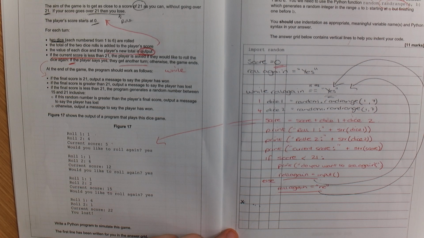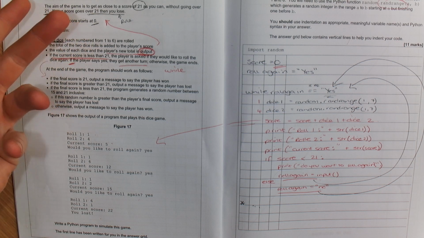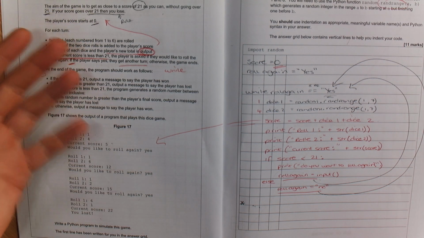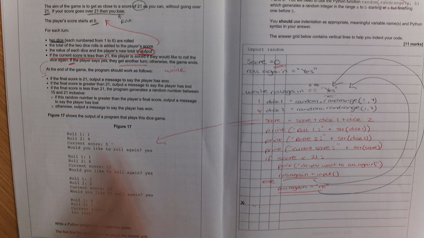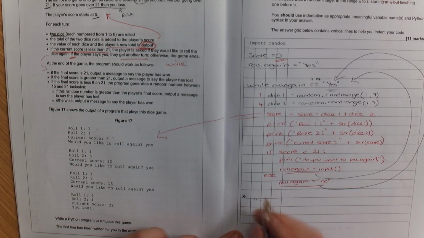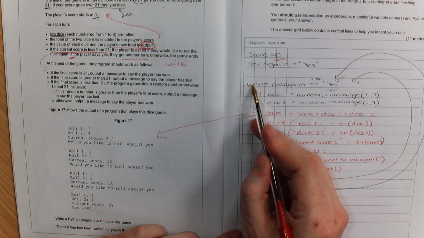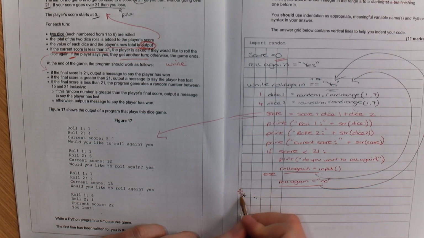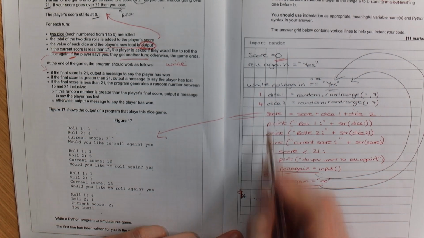Now, if they've said no, you still need to check whether their score's over 21 or not. So that's why another if statement was needed. Just because it jumps out of that loop doesn't mean that it's right or wrong. You've got to do your final checks. So now I'm no longer in the while loop. That's why I start on this line here. Because inside the while loop is something different.